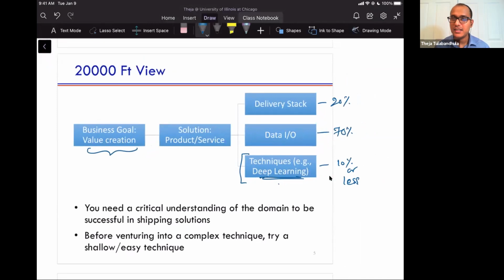But at the same time, it's not that deep learning is a fixed, stagnant solution technique. It's a name given to an umbrella. So it's a name given to a collection of techniques that are constantly being improved upon, just like techniques which are rooted in classical statistics are also being constantly improved upon.